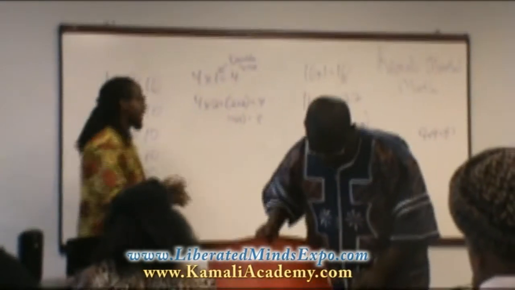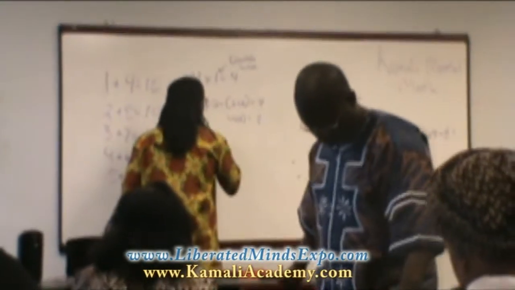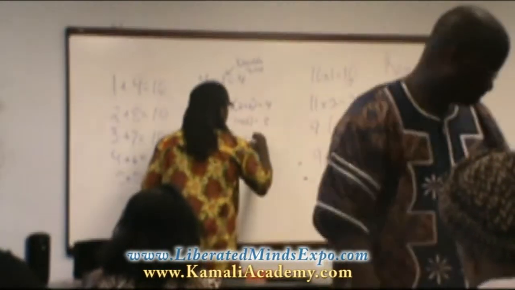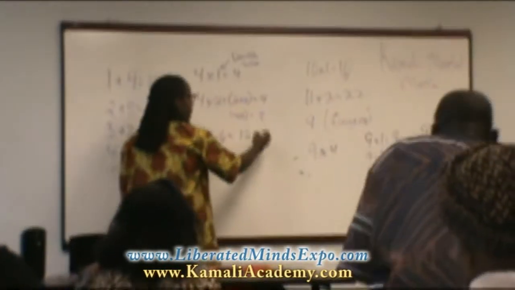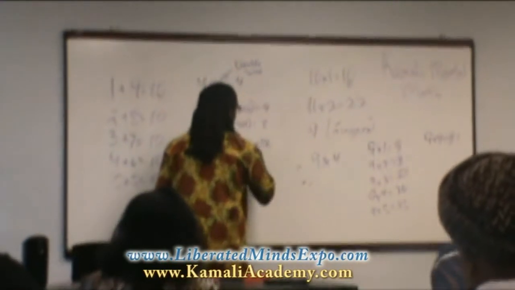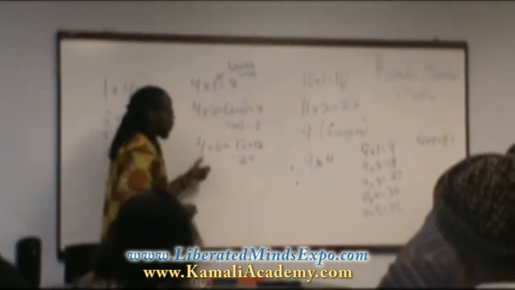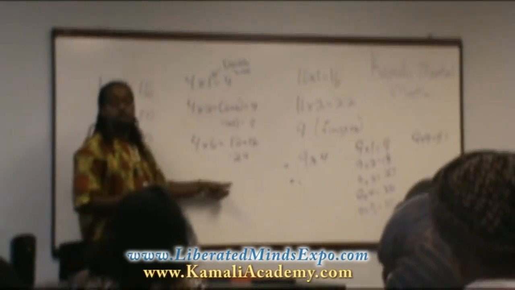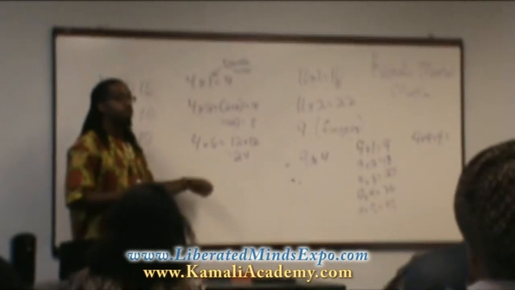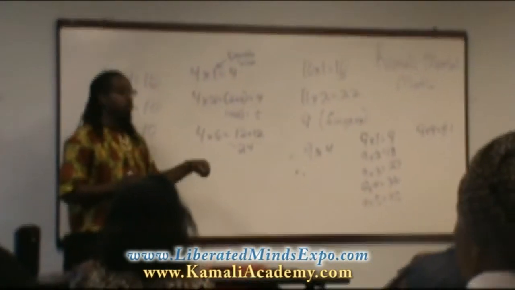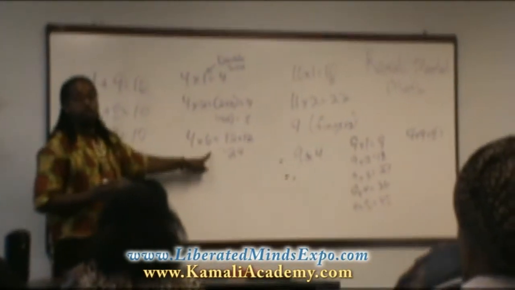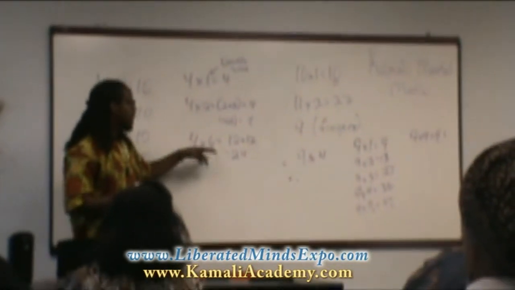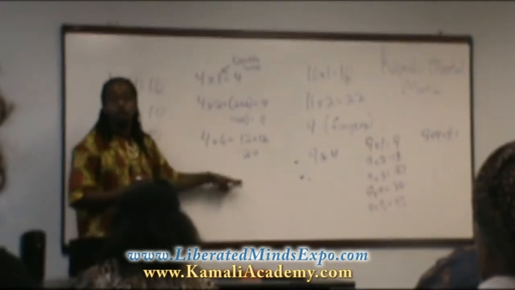So 4 times 6 is 6 plus 6 equals 12, right? Then 12 plus 12 equals 24. So 4 times 6 is 24. Double the last number, yes. So 6 plus 6 is 12, and then 12 plus 12 is 24.